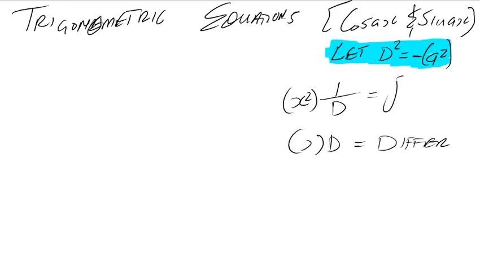For a, you're gonna integrate. Whenever you have got 1 over d, remember it's the inverse of differentiation. So whenever you see 1 over d, it means the inverse of differentiation, which is integration.